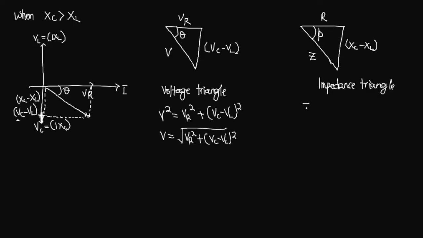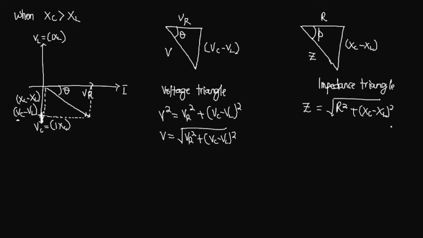For the impedance, let me skip one step: it's going to be the root of R squared plus (XC minus XL) squared. That is because we have this squared, and then Z will also be squared. So if we get rid of the square sign, we're going to have the root sign introduced on the right hand side.